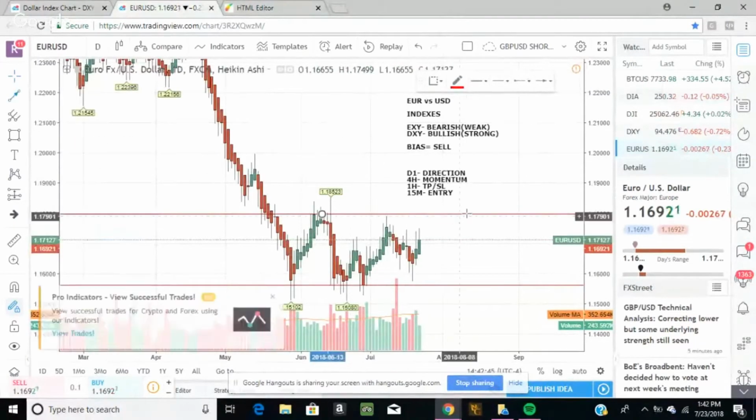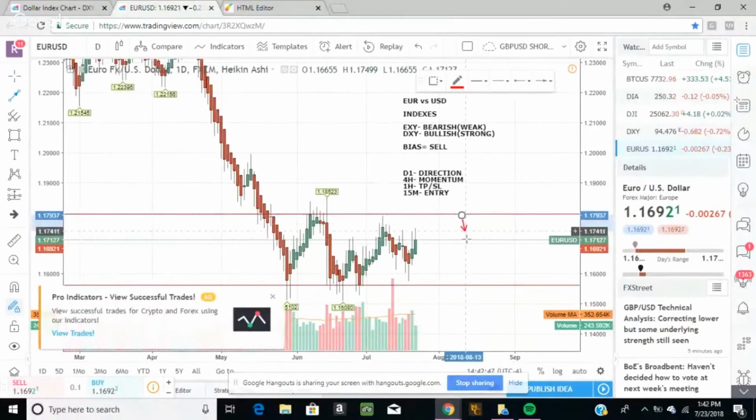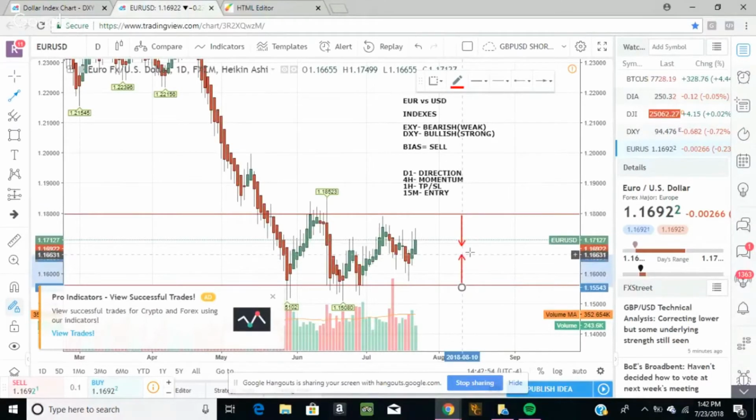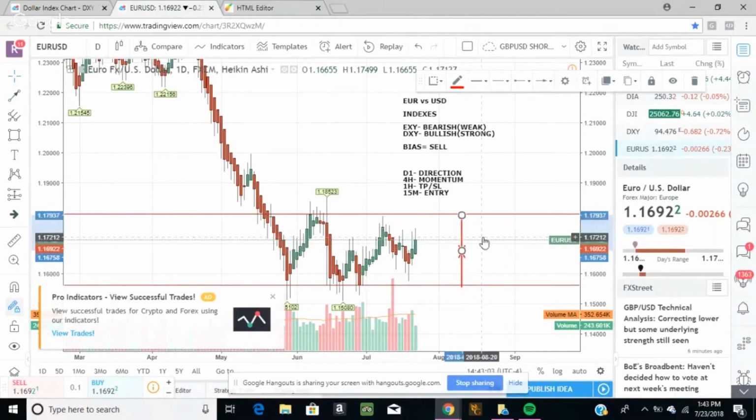From finding that immediate high and immediate low, I trapped the market within a range, between the high up there and this current low down here. So the market is currently trapped within this range.